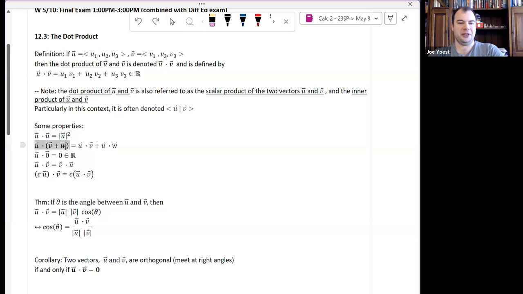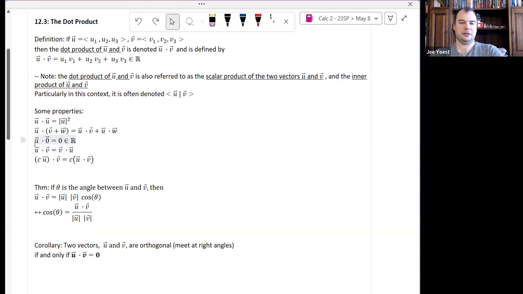We have a distributive property. The dot product distributes over vector addition. u dotted with v plus w is u dotted with v plus u dotted with w. Now the dot product of the u vector with the zero vector, the vector that has all of its components 0.